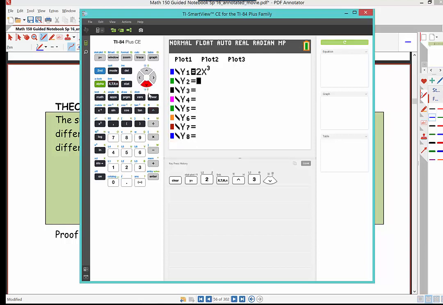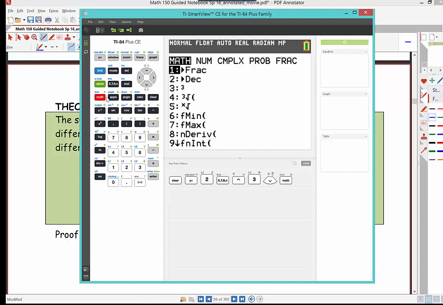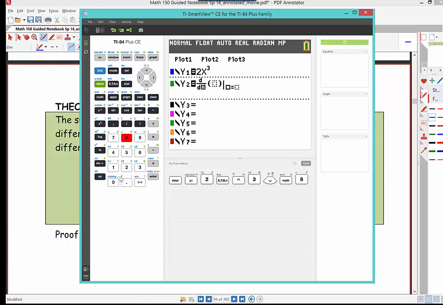And then let's go ahead and graph our derivative functions. We're doing it with respect to x.